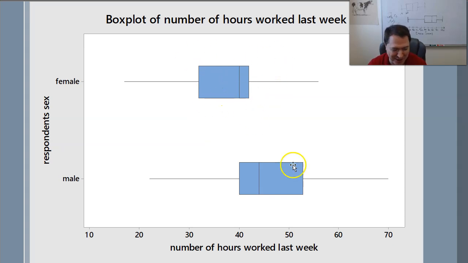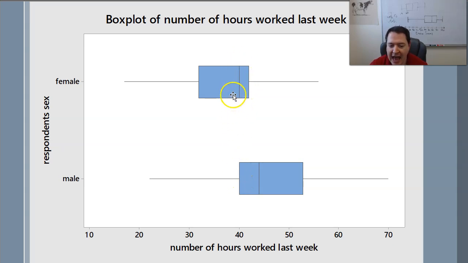But anyway, I just wanted to get that out of the way before we start making conclusions about, oh, men work so much harder. That's not what we're seeing here. This is men say that they work more. Okay? But having said that, let's look at this. We see that 40 hours a week, kind of our standard for full-time salaried employees, is the first quartile for men, but it's the median for women.